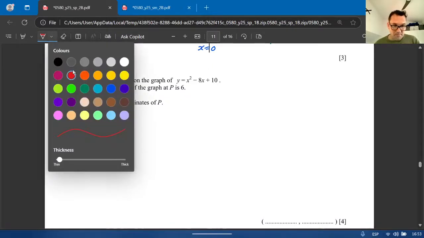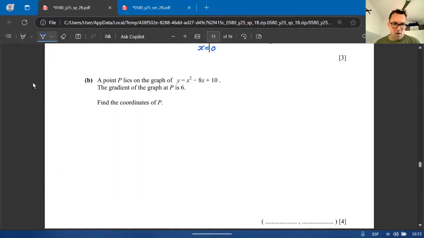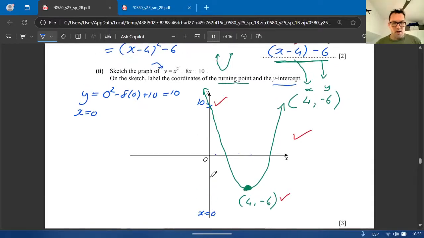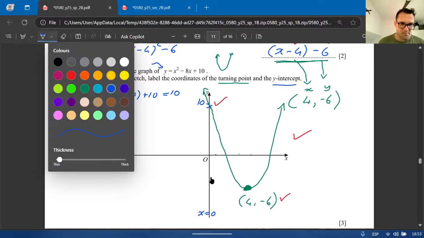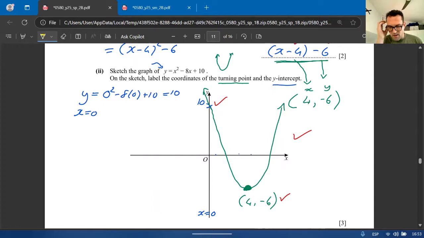Question B. The moment we get to graphs and gradients of curves, not straight lines, of curves, then differentiation. Okay, let's see. The gradient at P is 6. So somewhere there's a line where the gradient is 6.